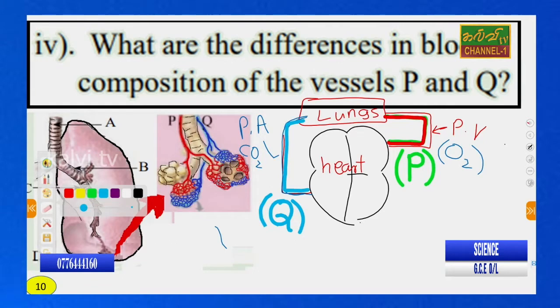Right? Change the screen. Now, composition of the vessels P and Q. So therefore you can write the answer.